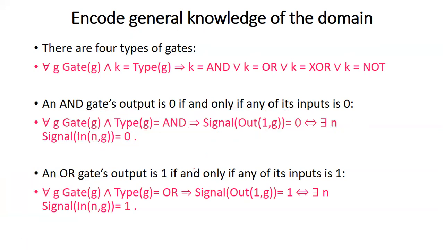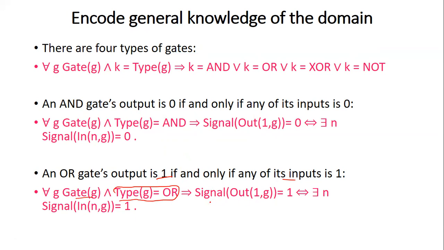Similarly, if you take an OR gate, an OR gate is a gate whose output is 1 if any of its inputs is 1. So it is similar: for all gate of G, and the type of gate is OR. If type of gate is OR, it implies that its output, here 1 represents its first output, there is only one output.